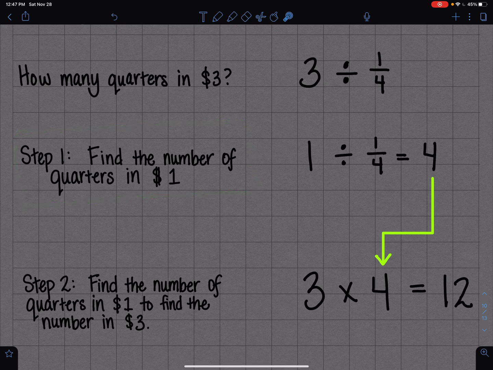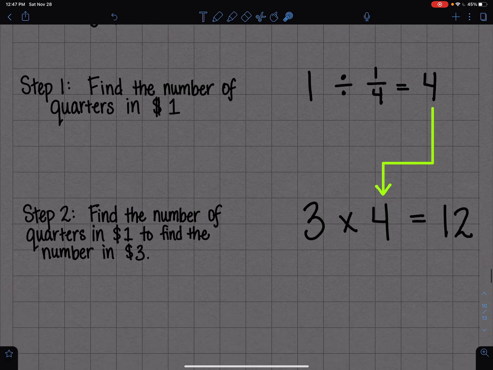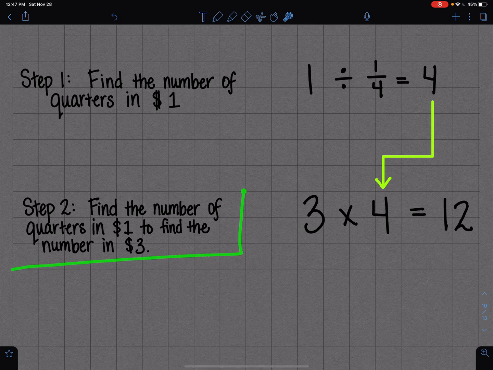In $1, it would be 1 divided by 1/4. And the answer you get is 4 because it's the reciprocal. Now, since you know how many quarters are in $1, how many quarters are going to be in $3? Use this equation. Find the number of quarters in $1 to find out the number in $3. So $3 times 4 quarters in each dollar makes 12 quarters for $3.